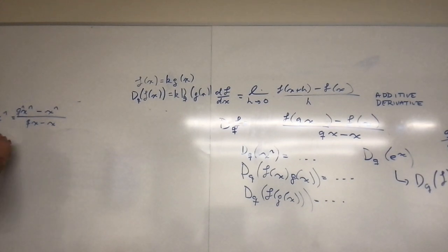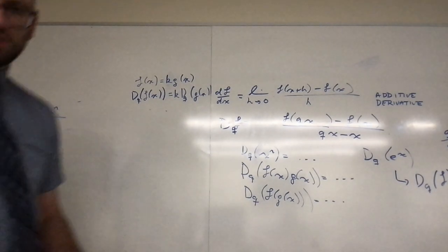Then this is equal to x to the n minus 1 times, I'm taking out a factor from the top.